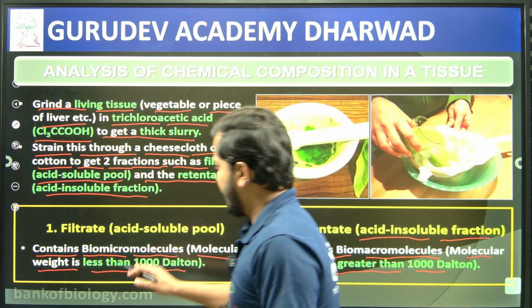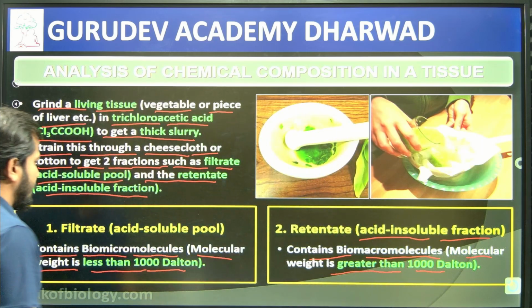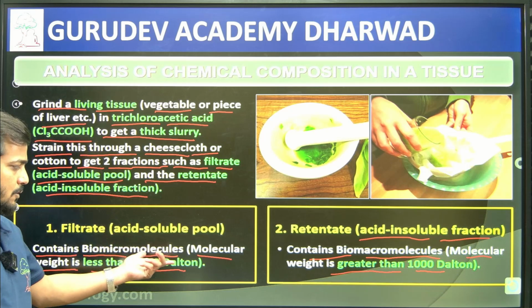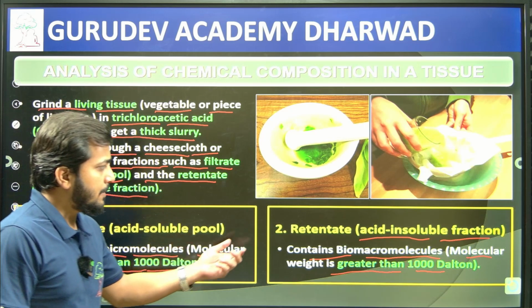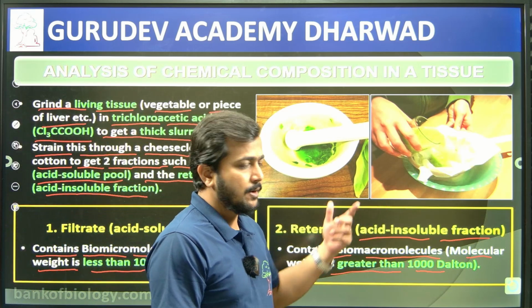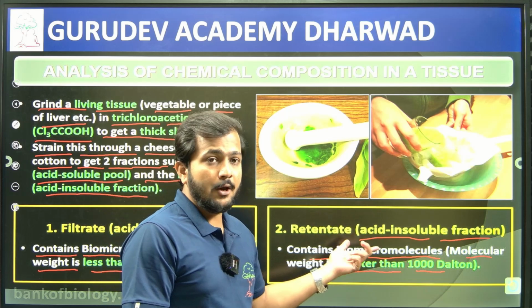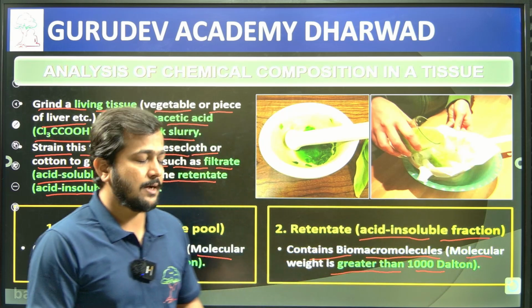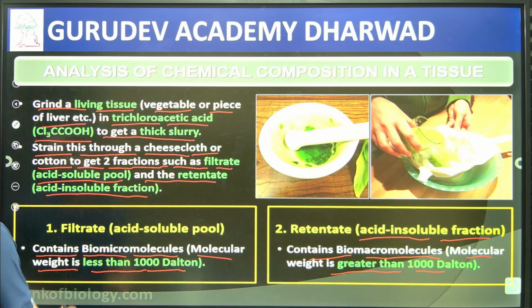So the filtrate contains molecules less than 1000 Dalton in weight, and the retentate or acid insoluble fraction consists of biomacromolecules greater than 1000 Dalton in molecular weight.